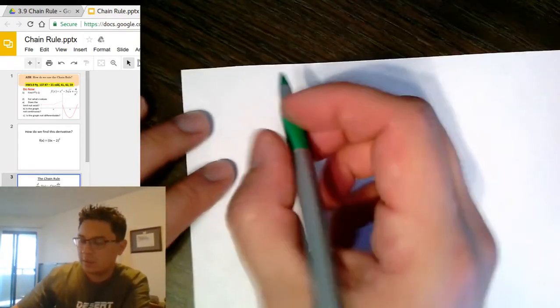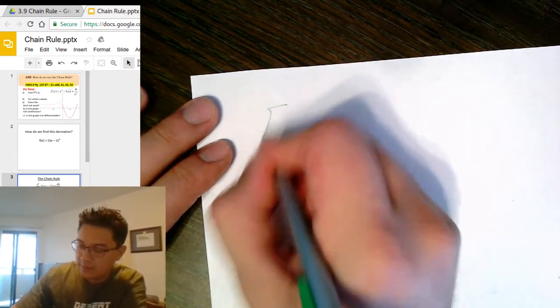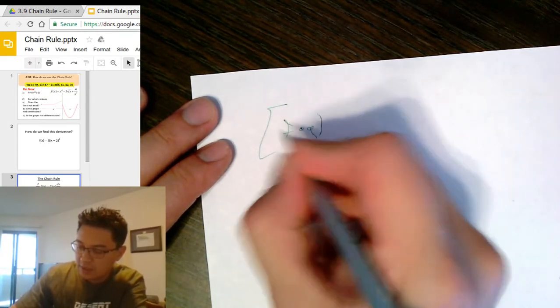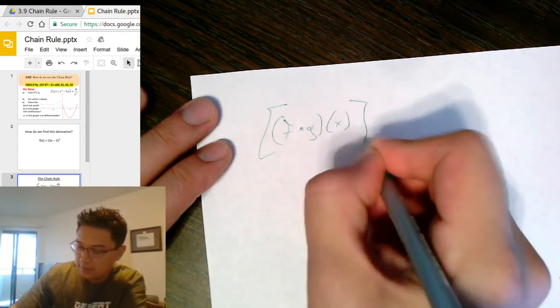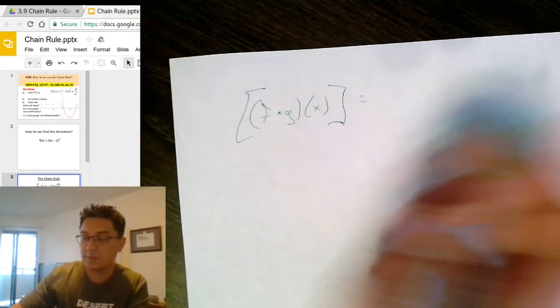All right, let's try another one here. Actually, let me give you another rule. Another way to think of it is if we are taking the derivative of a function f of g of x, this will be the same thing as the outer function. So the first function we deal with will be g of x.